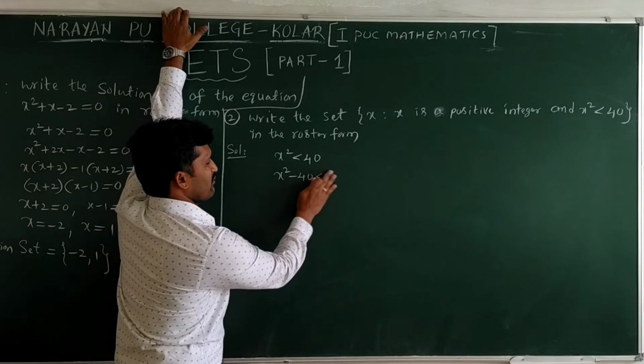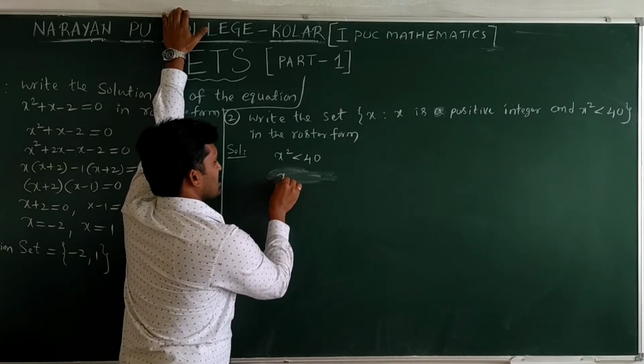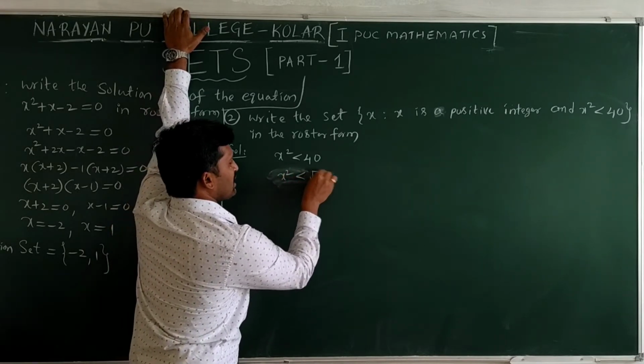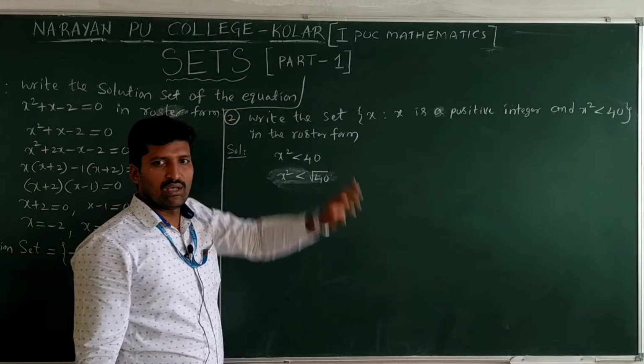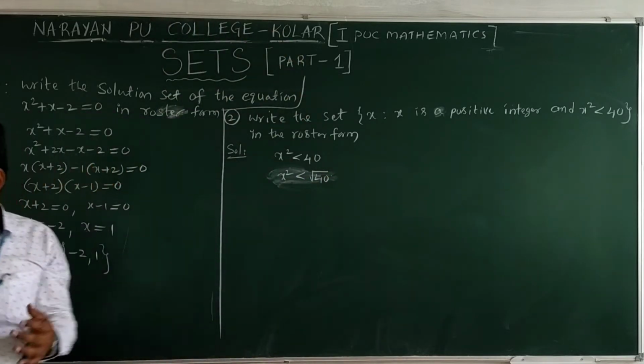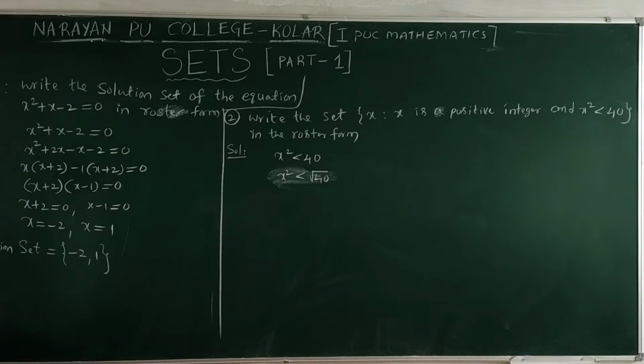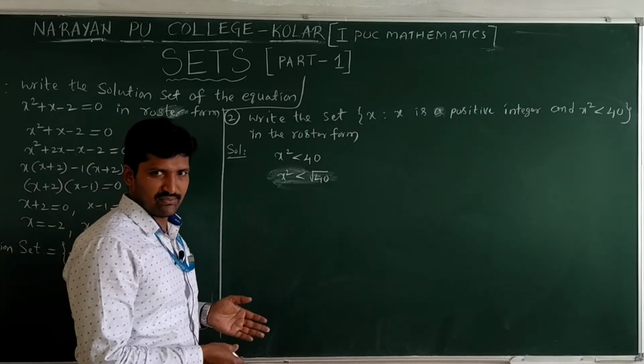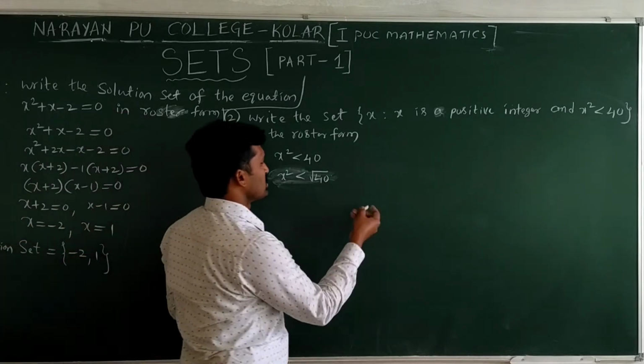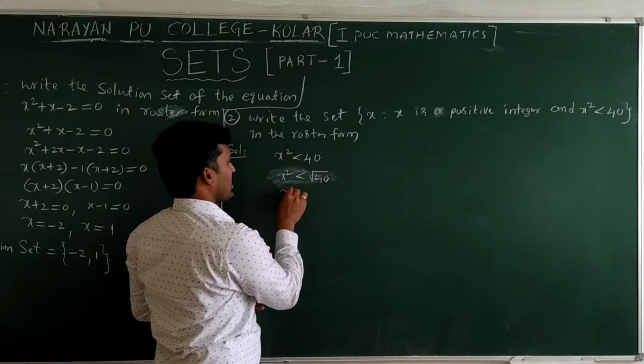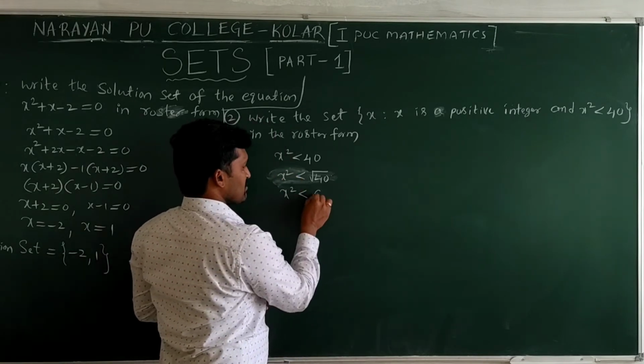We can't take this as a perfect square, that's why we take the square root, root 40. Root 40 is approximately how much? Root 36 is 6, so the approximate value is 6 point something, 6.20 something.